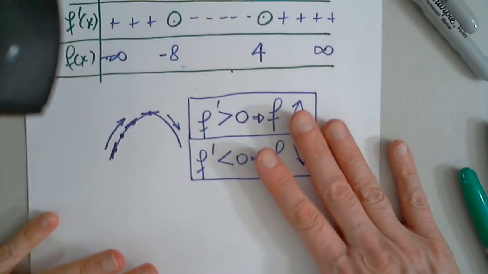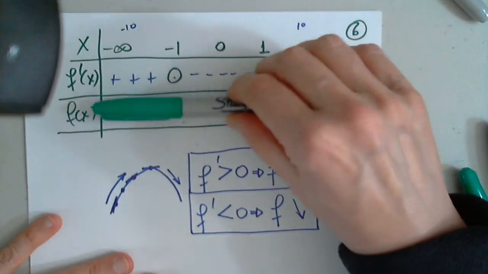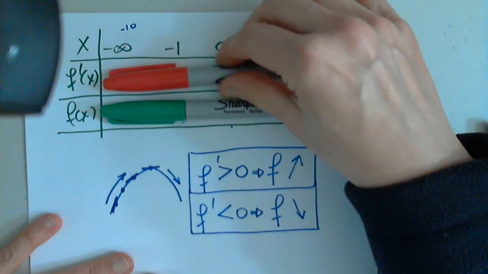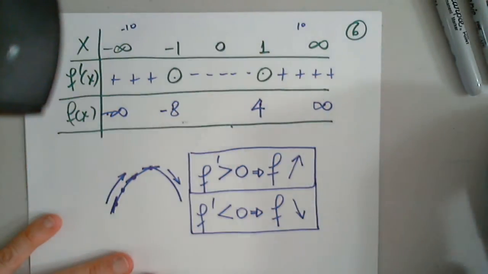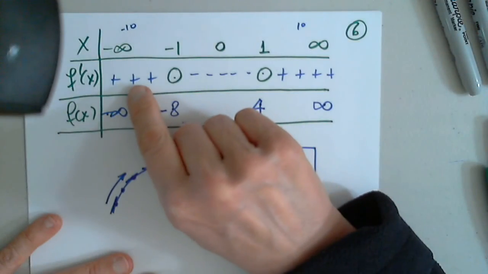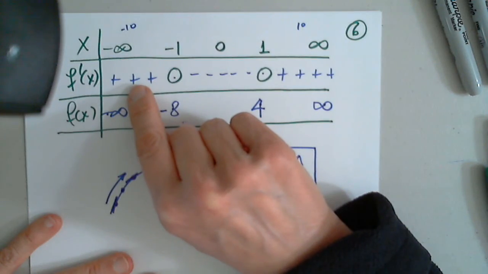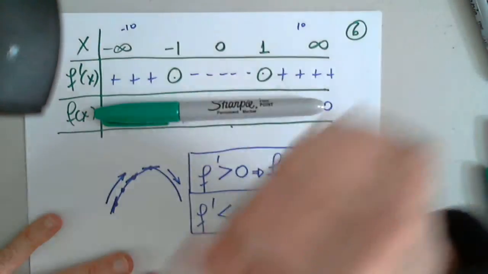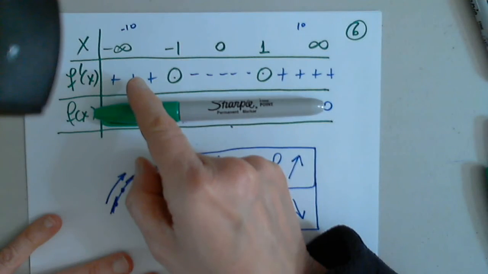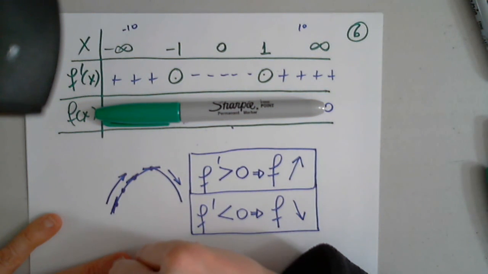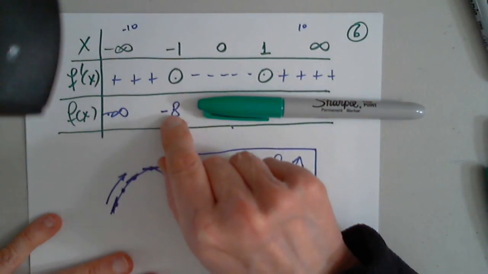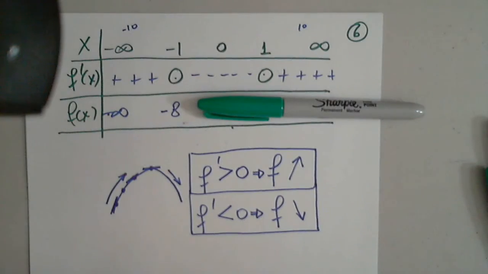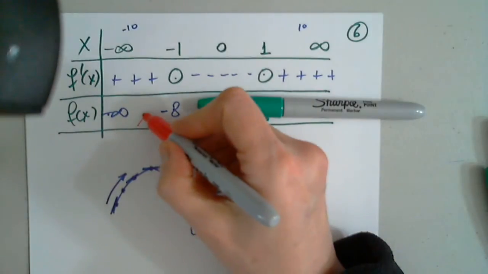Okay, so coming back to my table, I have to test that these 2 rows work well together. Ready? So the derivative is positive. What should the function be doing if the derivative is positive? Yes, is the function going up from negative infinity to negative 8? No. Very good.